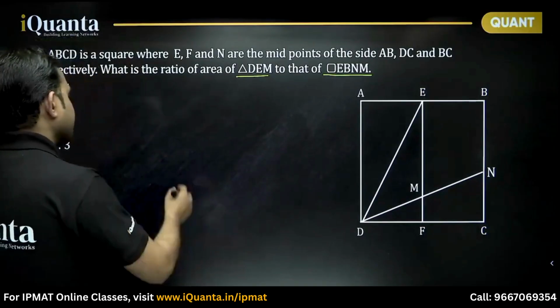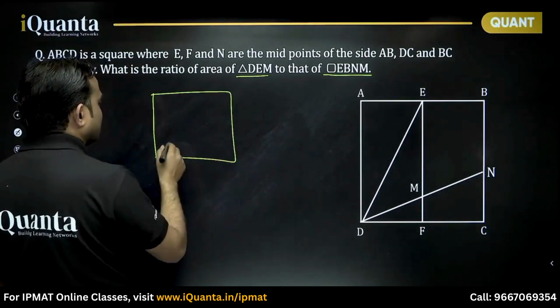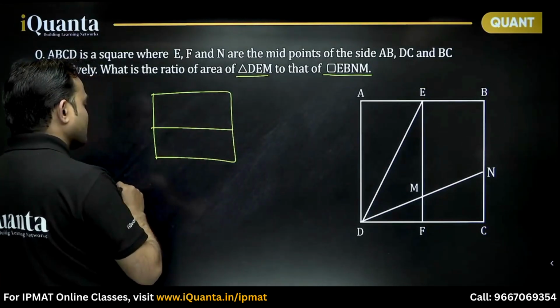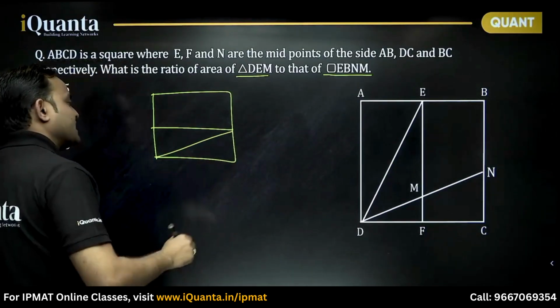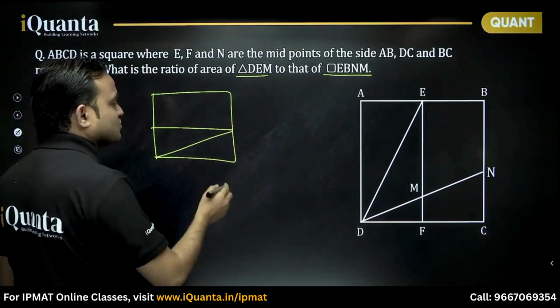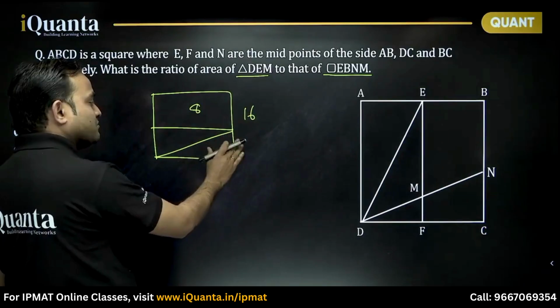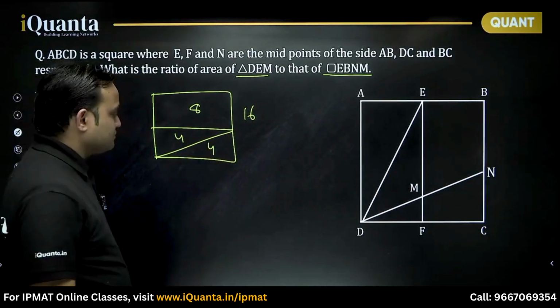So can we say, if I take a square something like this, and I break it like this, and if I join this, if I imagine the area of the whole square is 16, this will be 8 and this will be 8, but these two will be equal, so this will become 4 and this will also become 4.